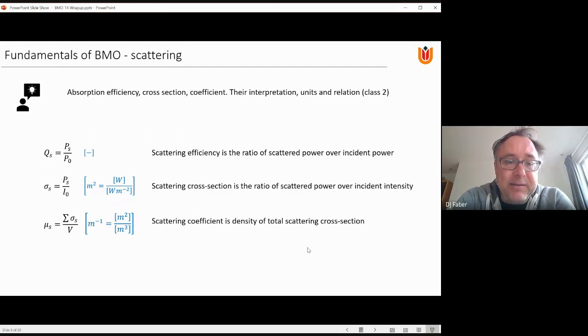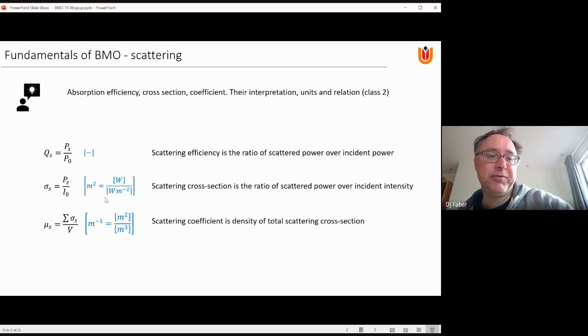If we multiply the scattering efficiency with the geometrical cross section, we get the scattering cross section, but since we know that the incident power and the geometrical cross-section were also related, we can also make a different arrangement for that. So we can also write the scattering cross-section as the ratio of scattered power over input intensity. I just want you to be familiar with these ways of writing it.